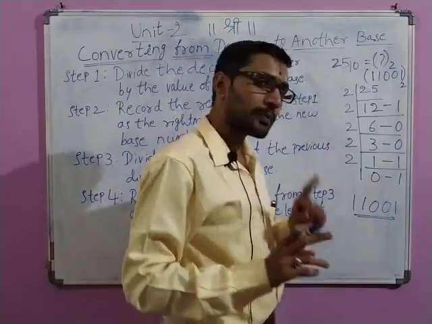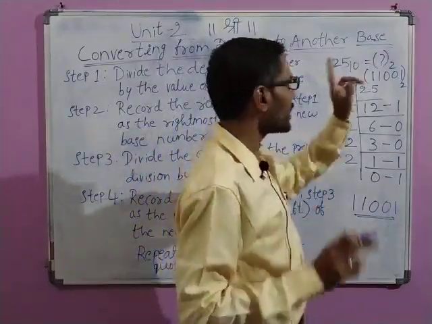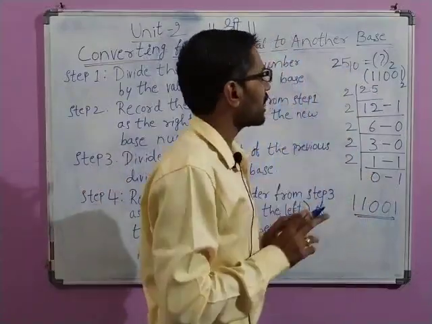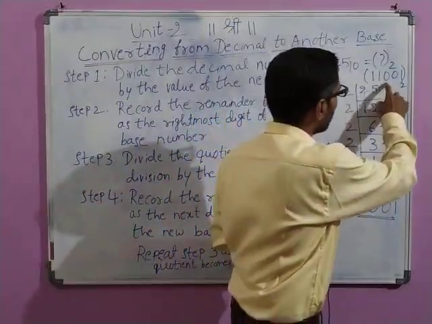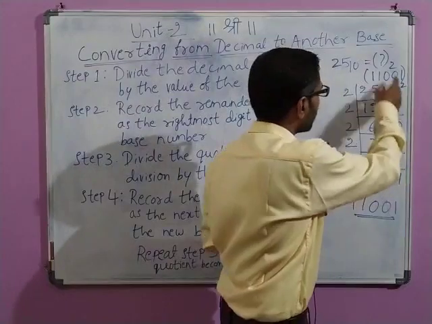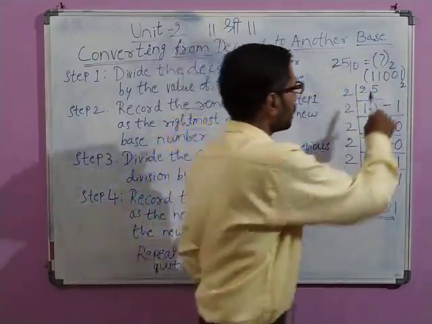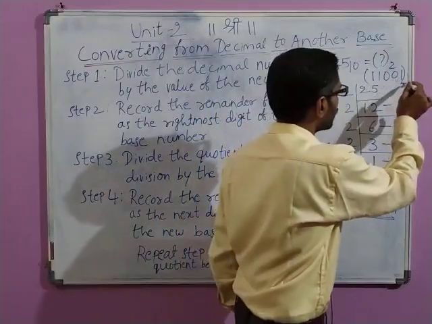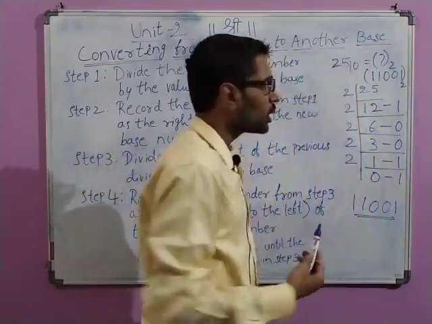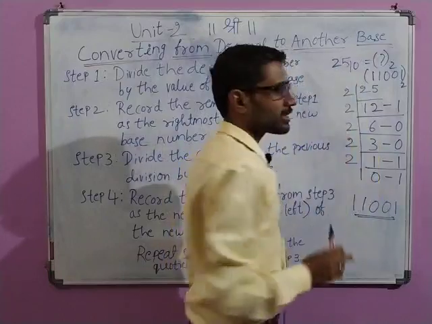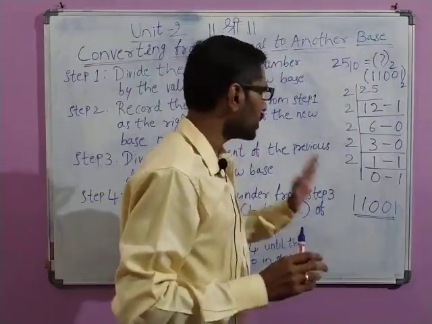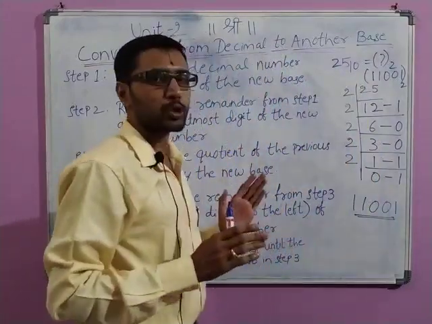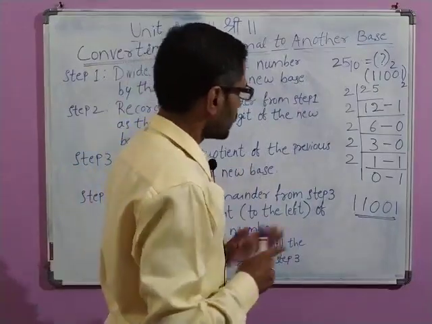If you have watched the previous video, we solved the same example and converted the number 11001 from binary to decimal, and if you do the same calculation again, converting 11001 base 2 to base 10, you will get 25 to the base 10 as the answer. So this is the very simple procedure that you need to follow.